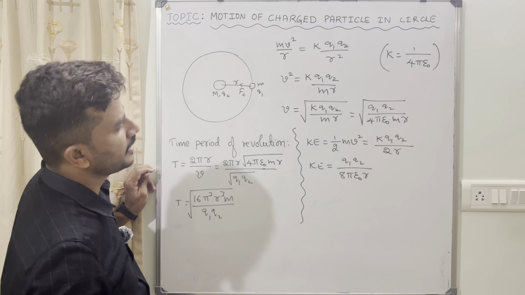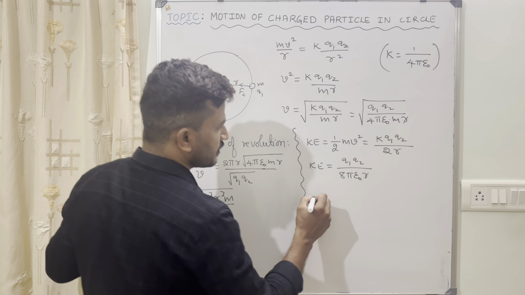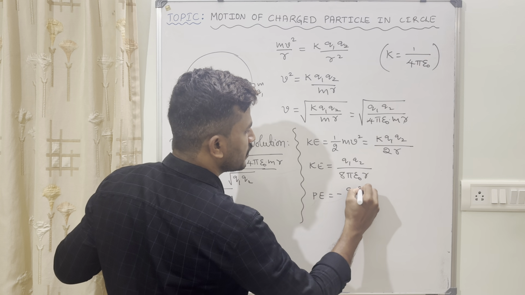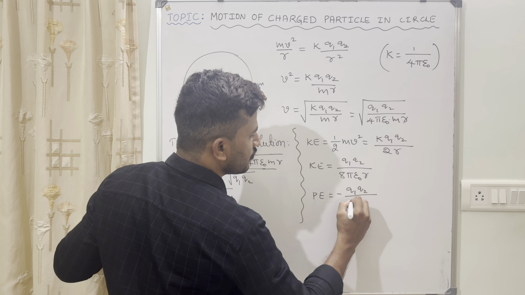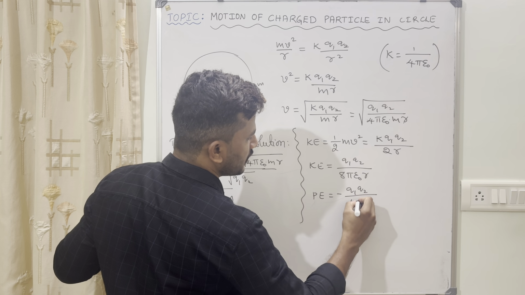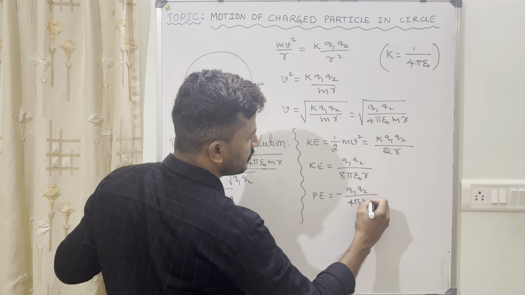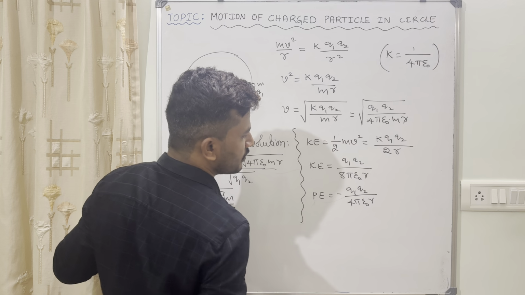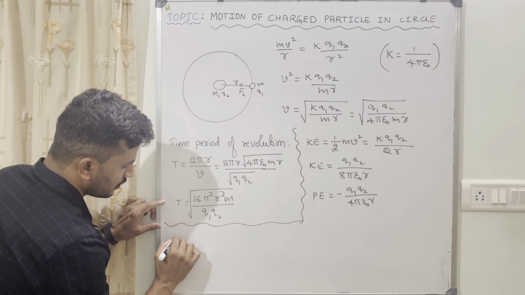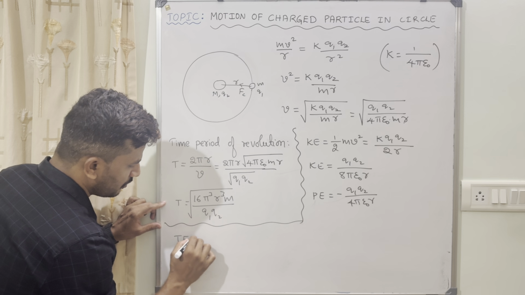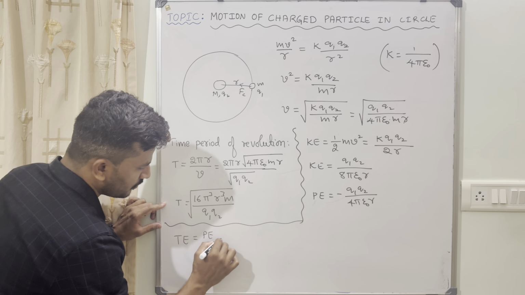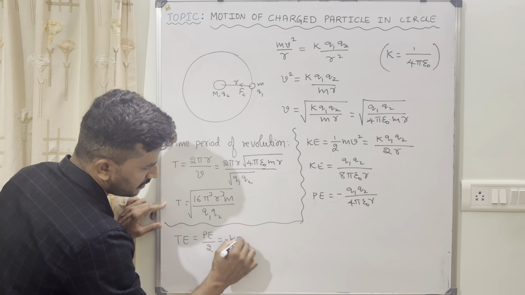Correct now? Yes. What about potential energy? Potential energy is given by minus q1 q2 divided by 4 pi epsilon naught into r. Do remember this general formula: total energy is equal to half of potential energy, which is equal to minus kinetic energy.